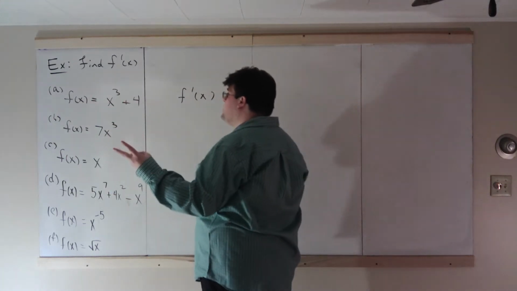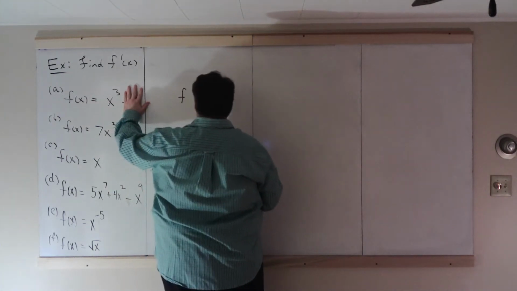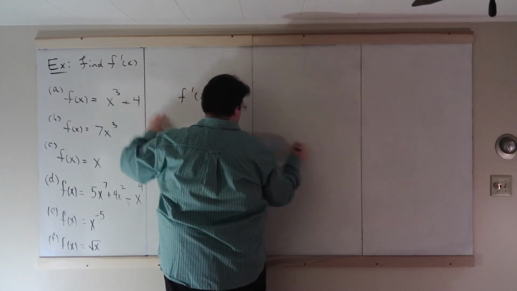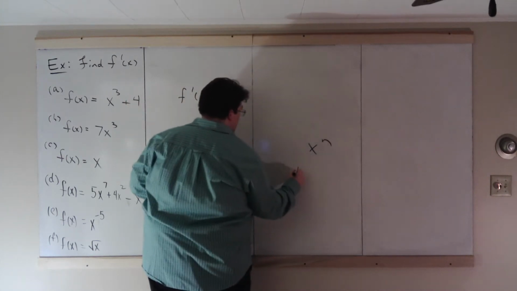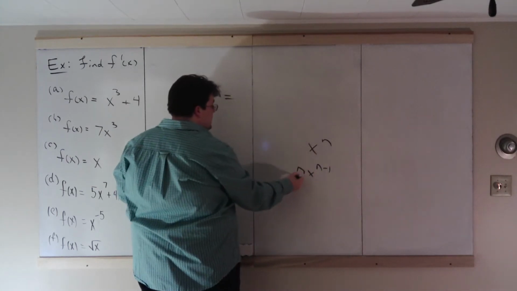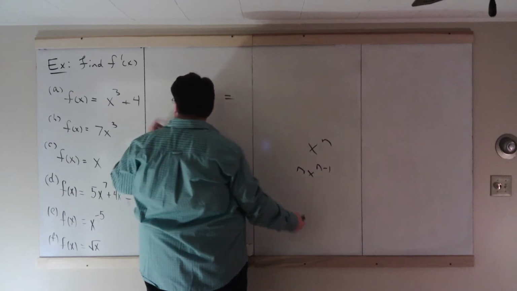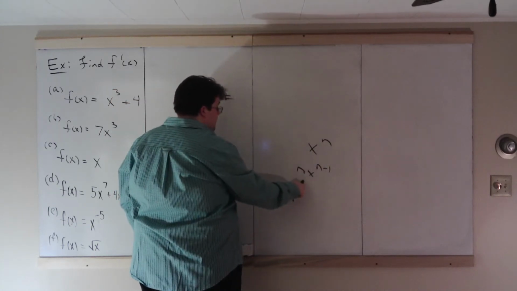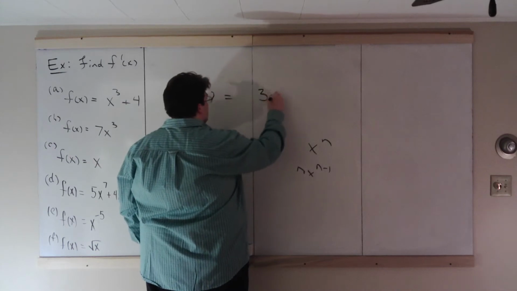Rule 2 tells us how to deal with x cubed. It's the power rule. So remember, for the power rule, the derivative of x to the n is nx to the n minus 1. So if n equals 3, then the derivative of x cubed would be 3x to the 3 minus 1.